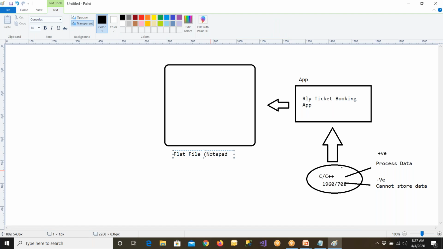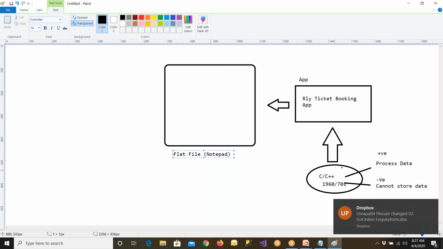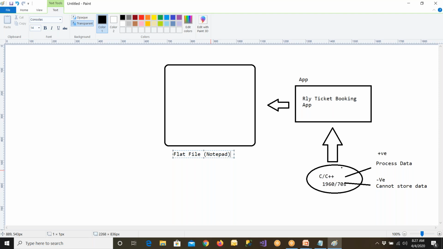Customer name, customer age, gender, from station to station, payment made, PNR number, ticket number, seat number. A lot of information has to be stored somewhere, and it gets printed onto the paper, and the paper is given to you. Whatever is printed also needs to be stored somewhere. We are not able to store the data as part of C or C++.